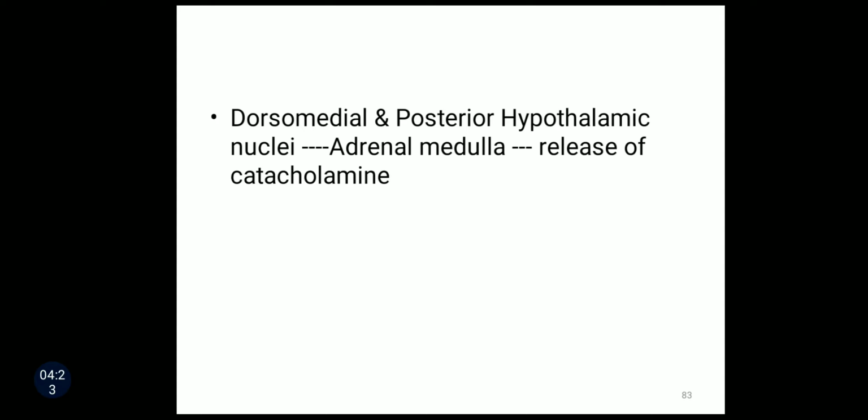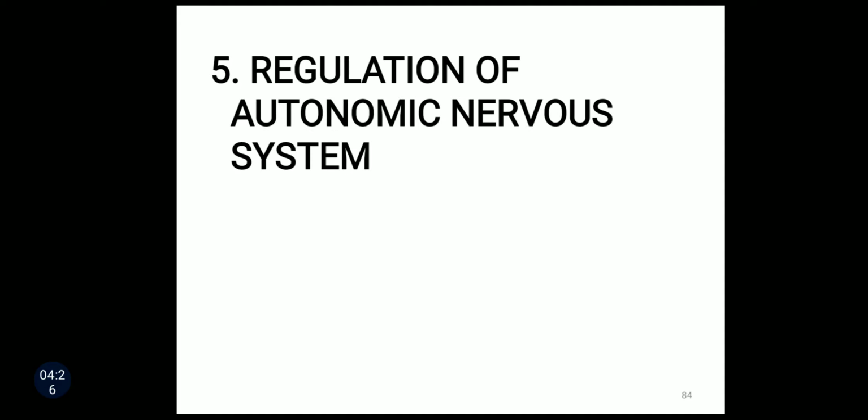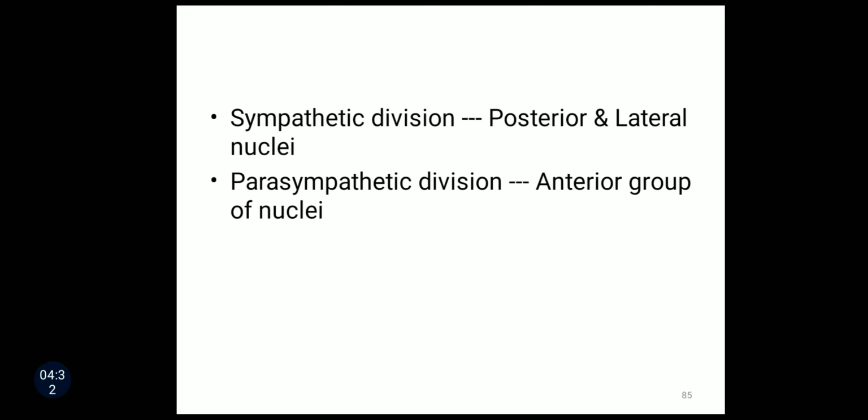Then the fifth function is regulation of autonomic nervous system. Hypothalamus regulates the autonomic nervous system. Autonomic nervous system has two divisions: sympathetic division and parasympathetic division. The sympathetic division is mainly regulated by posterior and lateral nuclei, and parasympathetic division is regulated by anterior group of nuclei.